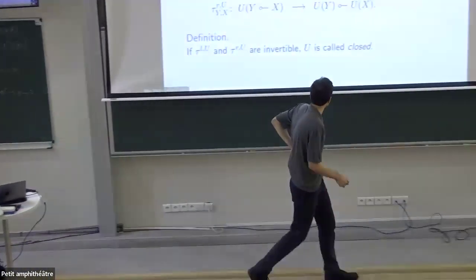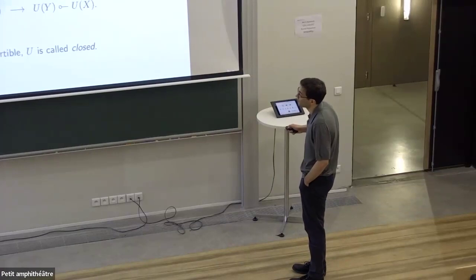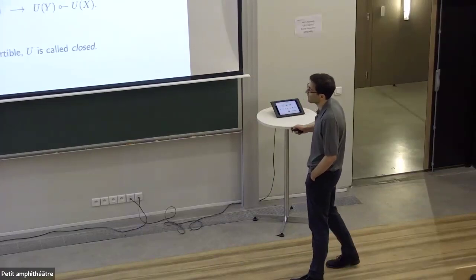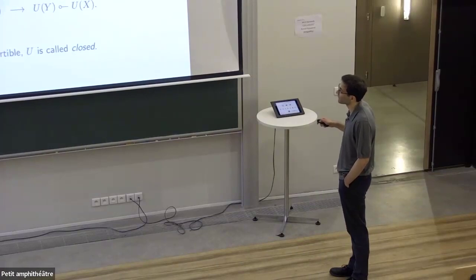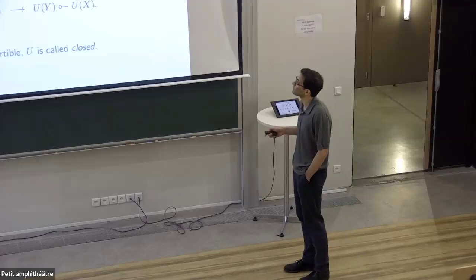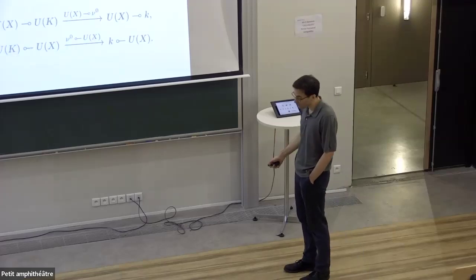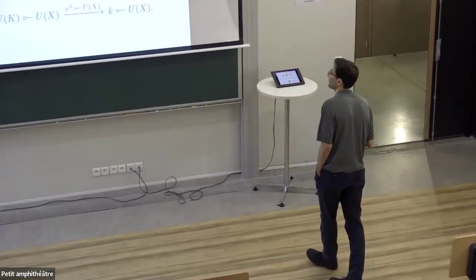Okay. So this induces these natural transformations, tau L and tau R. And if these are invertible, then we call the Lax monoidal functor U between closed monoidal categories closed. We'll see examples later. Now we come to the main player that we need for the statement of the lifting theorem.